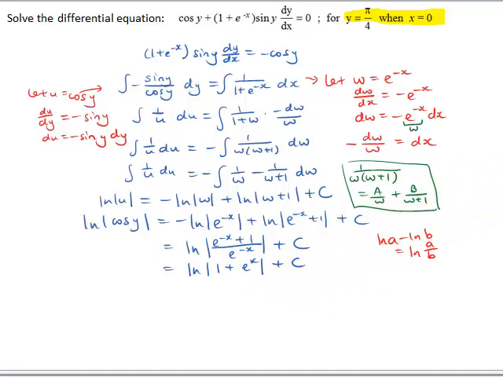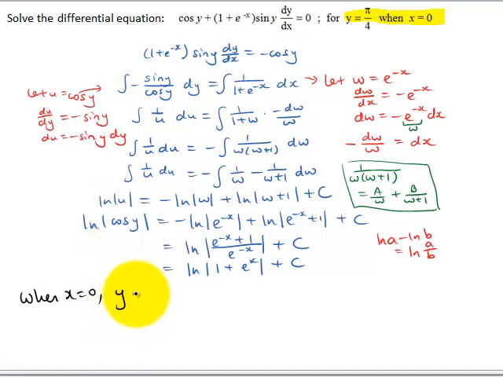So now I'm going to find the value of c that will satisfy this extra information. We know that when x equals 0, y equals pi by 4. So let's sub inside this expression. ln cosine y where y is pi by 4 is equal to ln of 1 plus e exponential of x where x is 0.